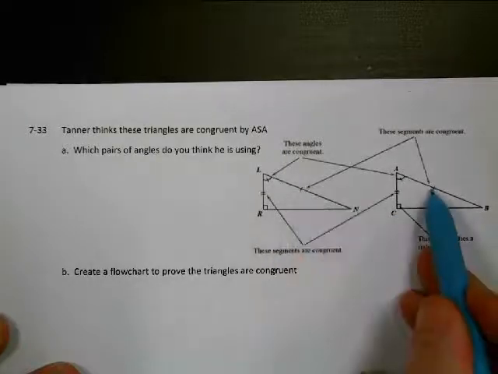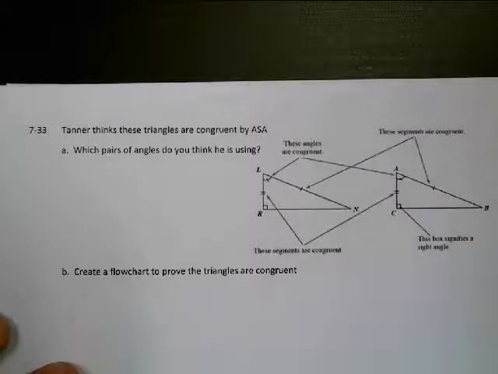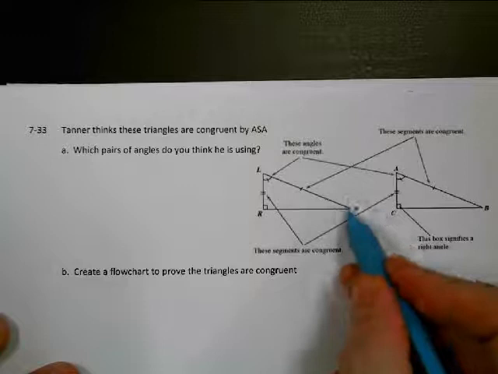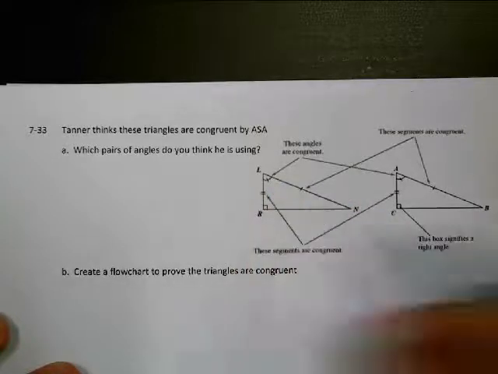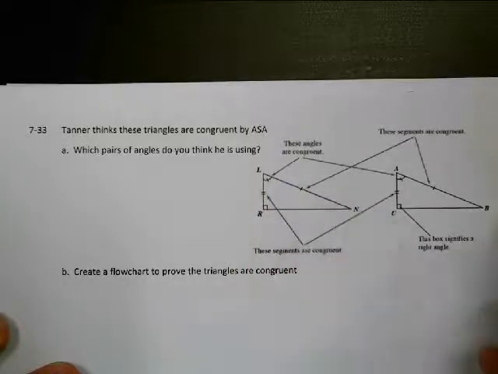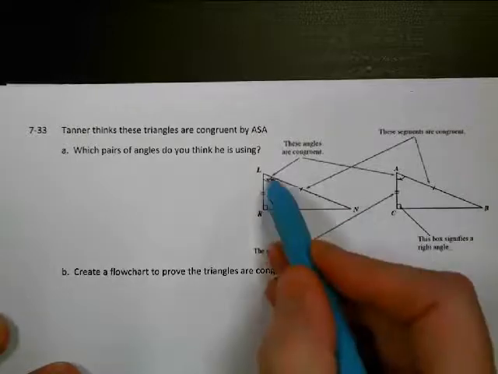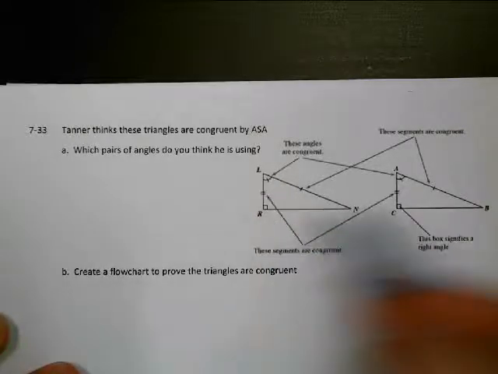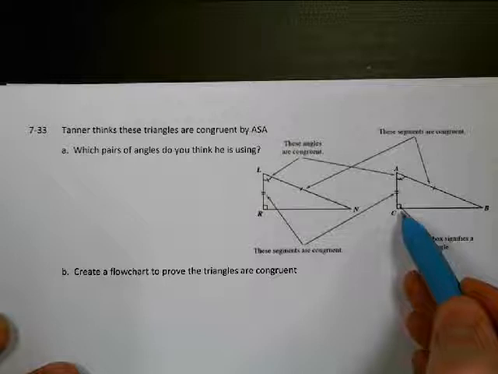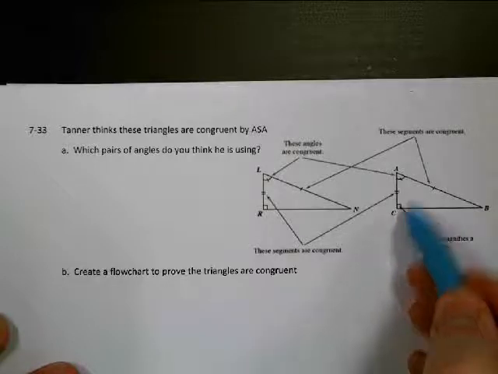Okay, so if he's using angle, side, angle, do we know anything about N based on what's already written here? No, we don't have anything marked there. And we don't have B. So he must be using L and R and A and C. Those must be the two that he's using because he knows something about those two angles.